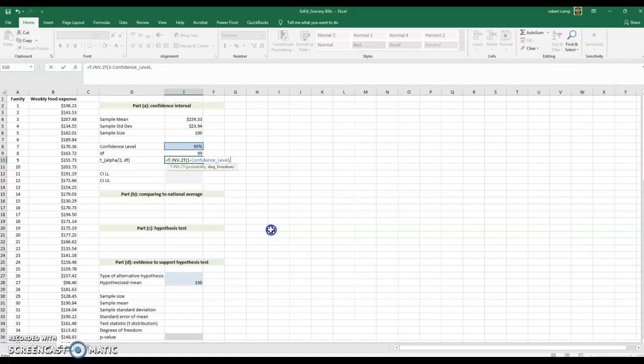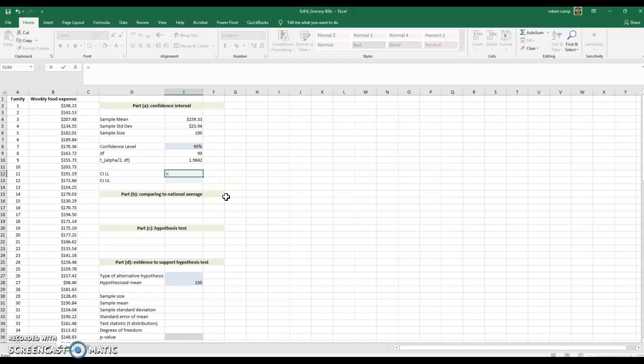The stuff on the very, very tail end of things, tail on the tails just works out like that. Then we need our degrees of freedom. So 99 degrees of freedom, and so our t value is going to be 1.9842.